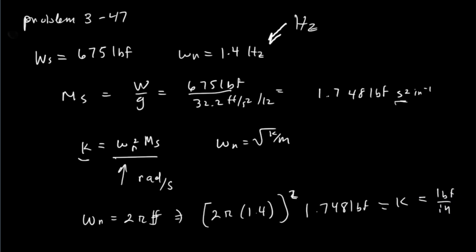And so we can find then that k is equal to 135.28 pounds force per inch. And then the question is, what is the static deflection? So now that we have the stiffness, we can calculate our deflection. Our deflection is just going to be equal to the sprung weight over the stiffness, the force over the stiffness.